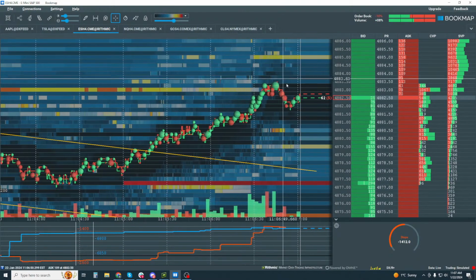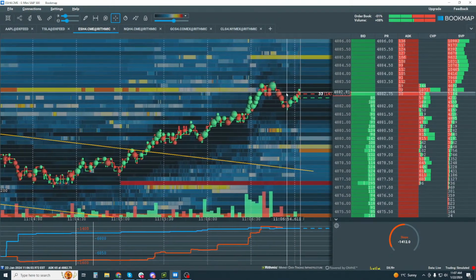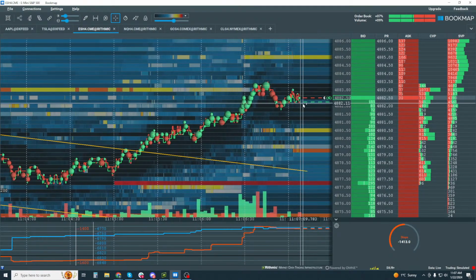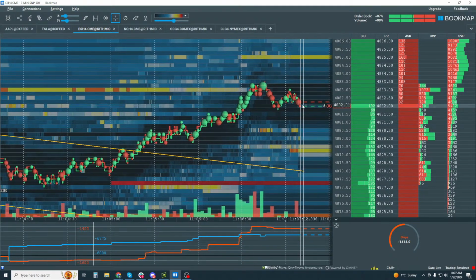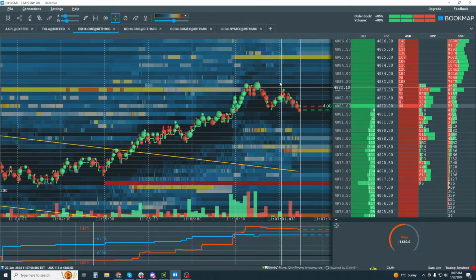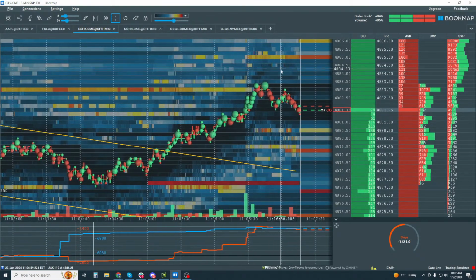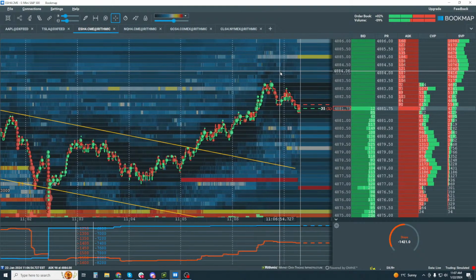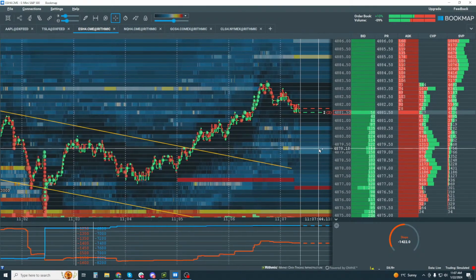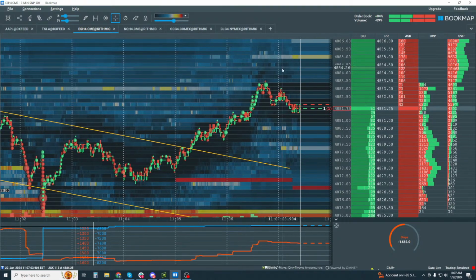Let's see if we can get sellers to come in right here, 82 or 83, and hit the bid down to around 80 here. And then maybe further, down into our 79 liquidity, or even down to 77.